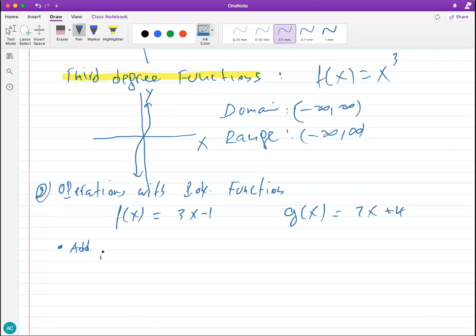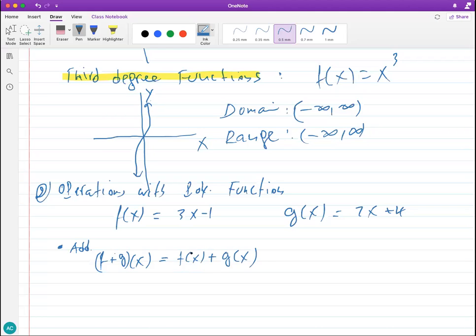So this is how the notation is, f plus g of x. What this means is simply add f and g. You take f of x, and you add it to g of x.